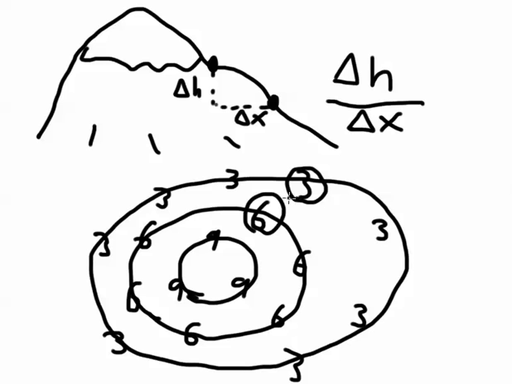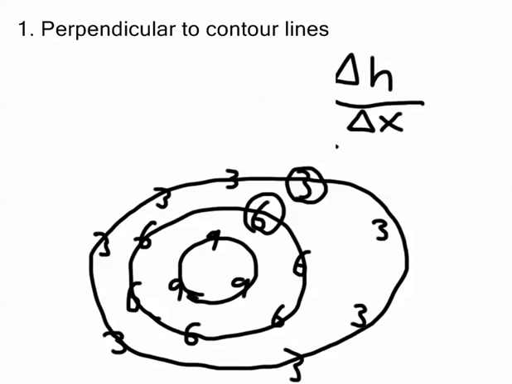So we're going to draw some arrows. We're going to turn this into an arrow map. And the rules for the arrows will be, 1, that the arrows will be perpendicular to the contour lines, and 2, that the length of the arrow will be delta H over delta X.